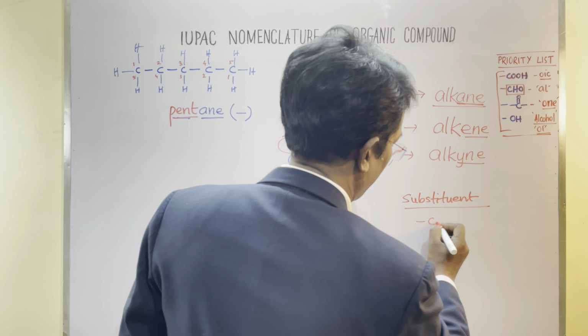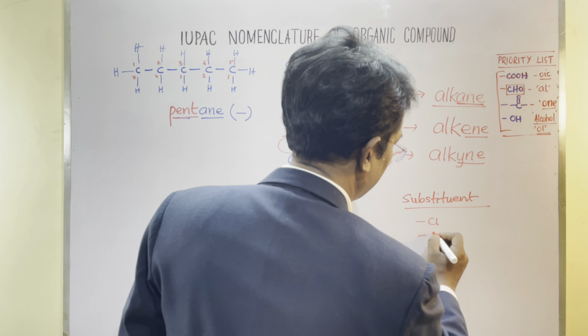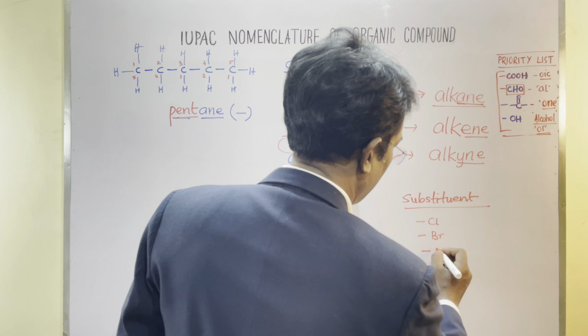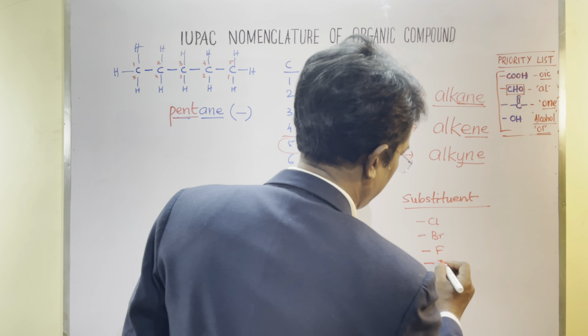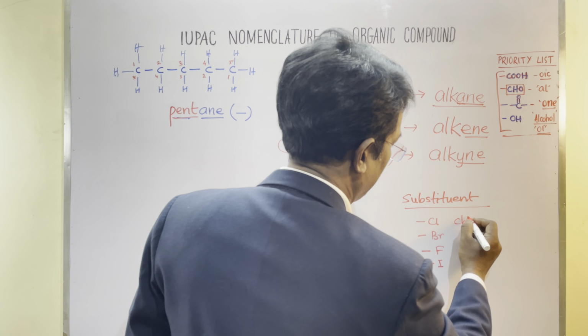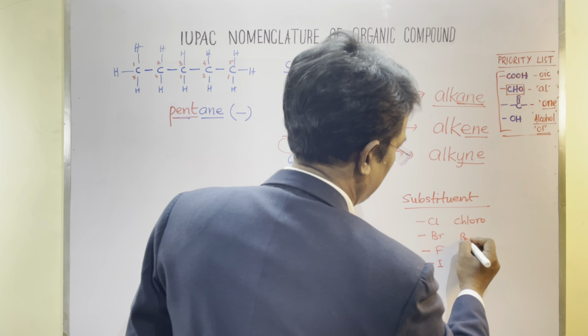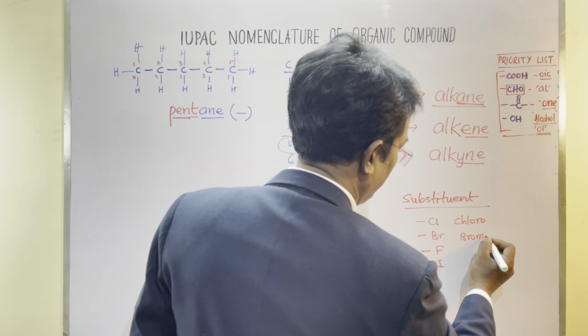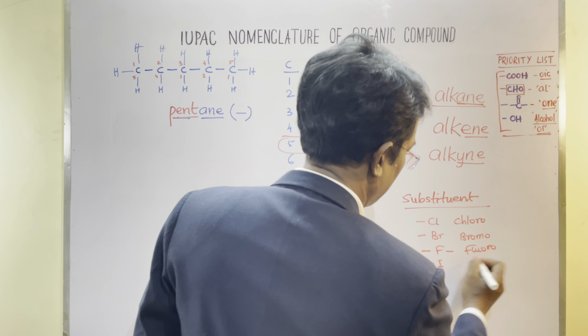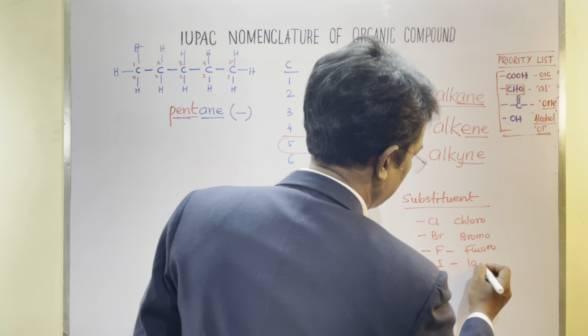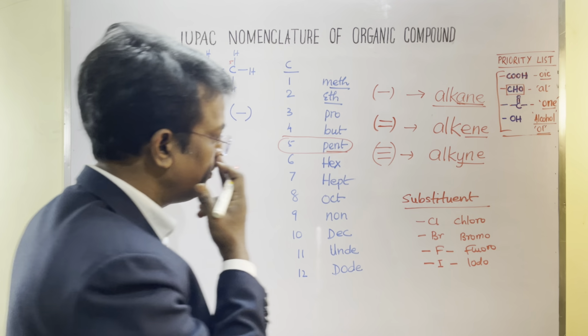For example, chloro, bromo, fluoro, and iodo. This is called chloro. This is called bromo, bromine if it is attached on the side. Fluoro. I for iodine, iodo.